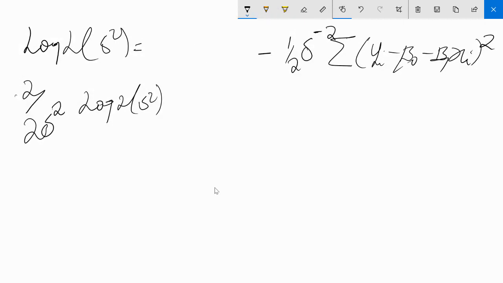So this should be minus n over 2, the log of 2 pi sigma squared. Is it clear?